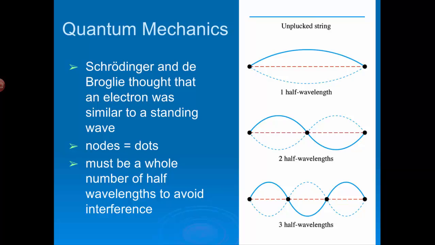That sounds confusing, but it's really not. If you think of the electron as oscillating, a full oscillation is two half wavelengths. As long as we have a whole number of half wavelengths, we're fine. It's when we start to get into fractions that we have problems.